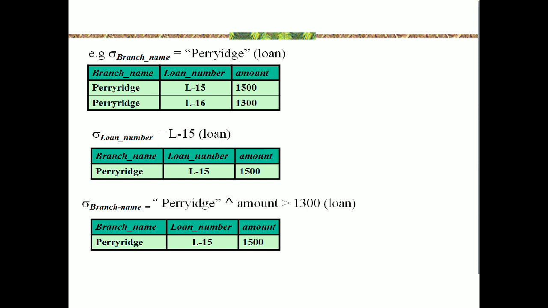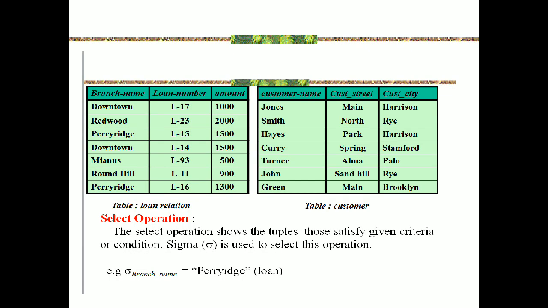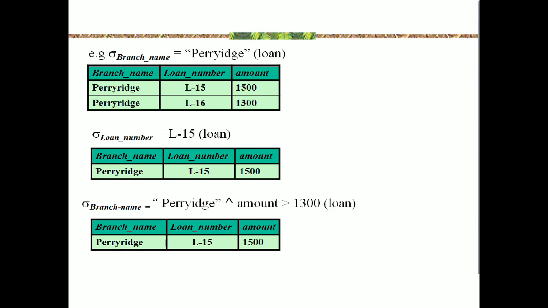This relational algebra finds the row where loan number is equal to L15. The third row in the loan relation is Perryridge, loan number L15 and 1500 is the amount. So this gives you the output as shown in the second example.